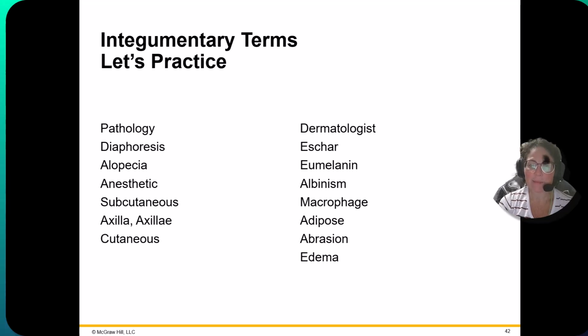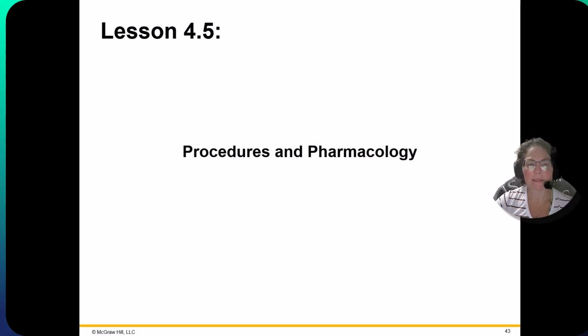What do these terms mean? Look them up, break them down, identify what the prefix is. If they have a prefix, identify what the root word or combining form is. Identify what the suffix is if it has a suffix, and then come up with what it means.